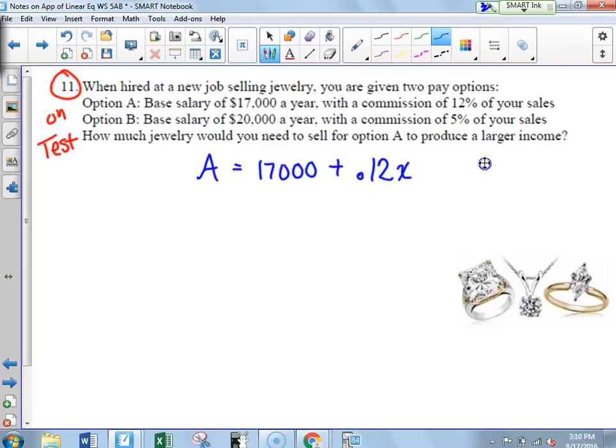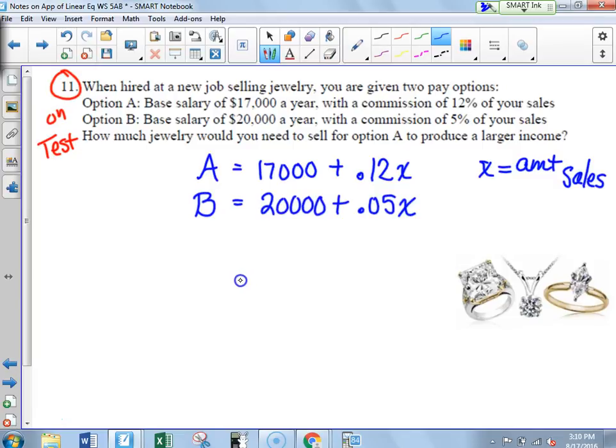I don't write S well. They look like 5, so I'm going to write X equals the amount of your sales. Does that sound okay? Okay, what if you take job B? 20,000 plus 0.05. Everybody okay with where we're getting those crazy decimals?